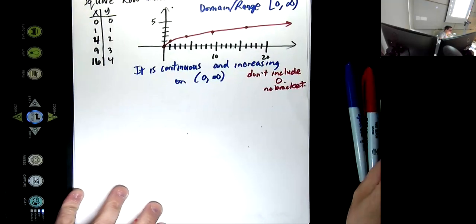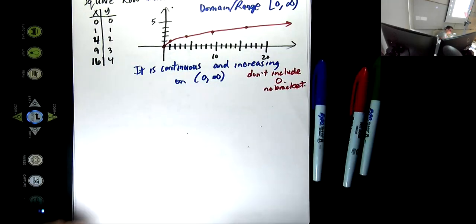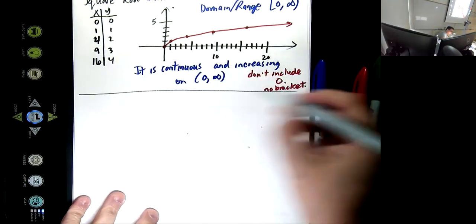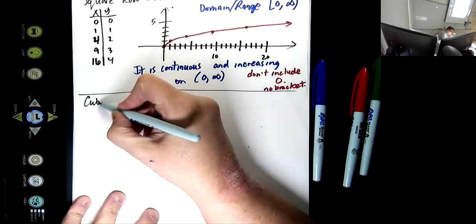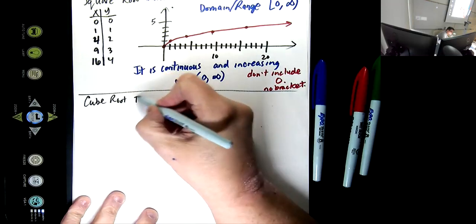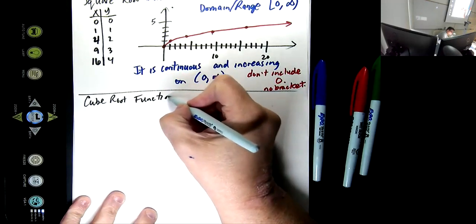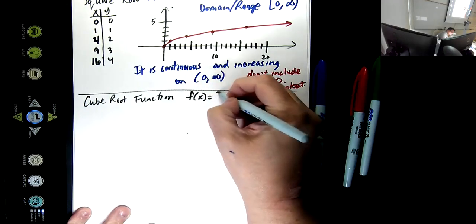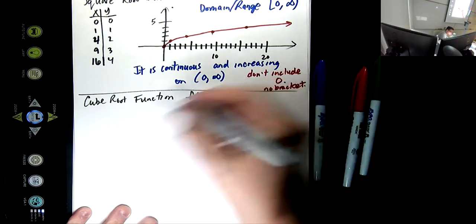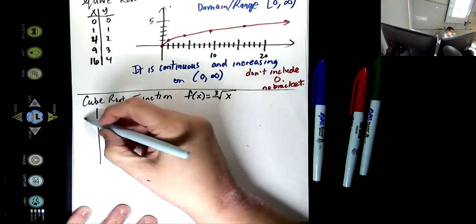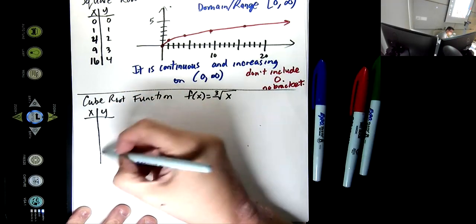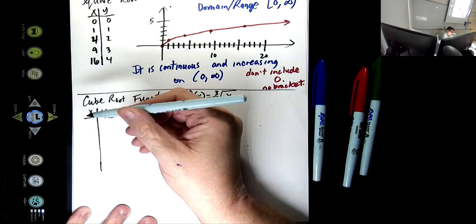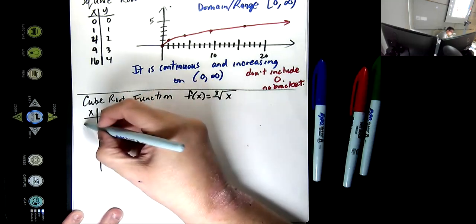It's going to be even more noticeable with the cube root function. We want to plug in numbers that are perfect cubes.